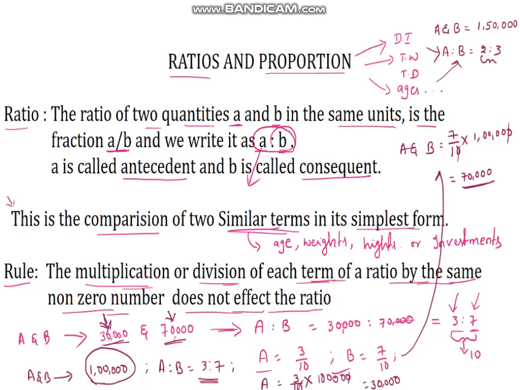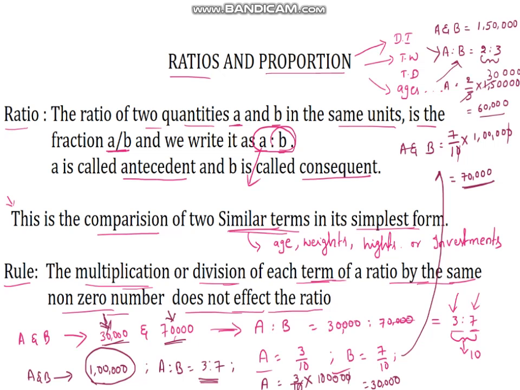How many parts here? 5 parts. So A's investment equals 2 by 5 into 1,50,000 rupees. 5 3s are 15, so A becomes 60,000. A's investment is 60,000.